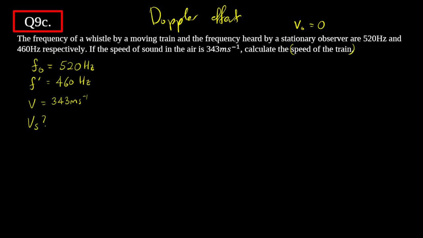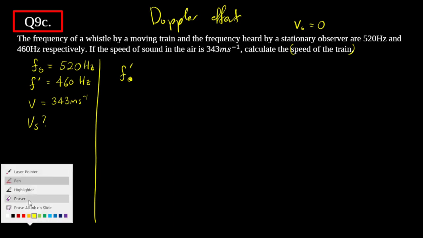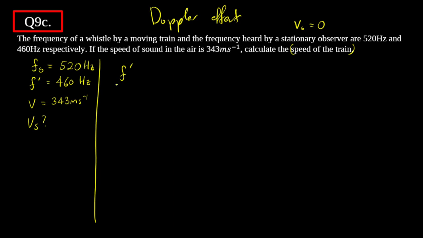We can use the Doppler effect equation, which tells us the frequency heard by the observer over the frequency of the source is equal to V plus or minus V observer over V minus or plus V source.